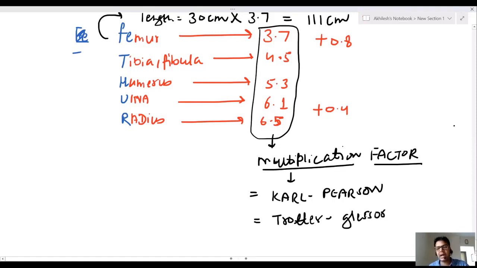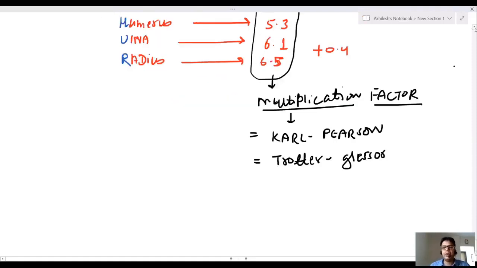Doctor, sometimes a question comes that Karl Pearson formulas are used for stature.